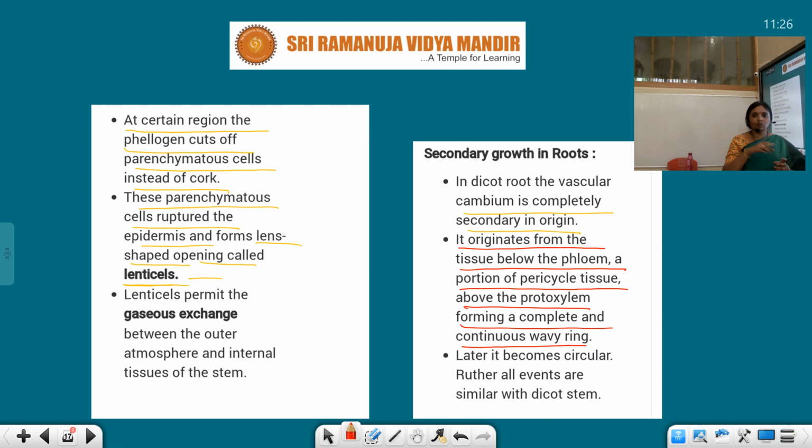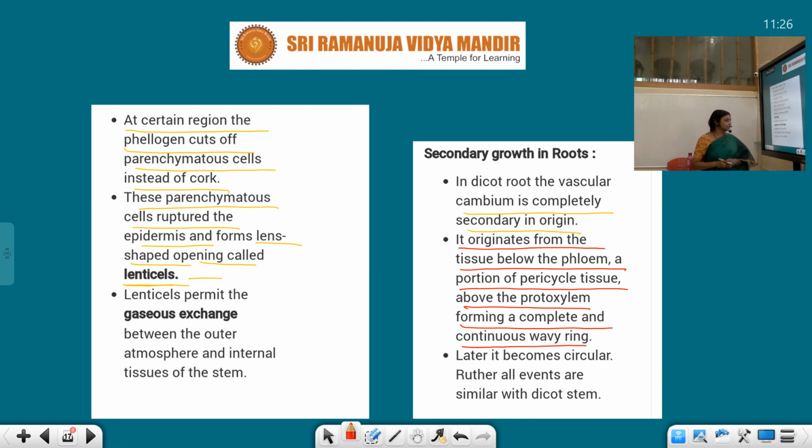Earlier the cambium is not there in dicot roots, so by the activity of phloem cells and the cells above the protoxylem, the cambium ring structure is formed. Once the cambium ring is formed, the rest is similar to the dicot stem.